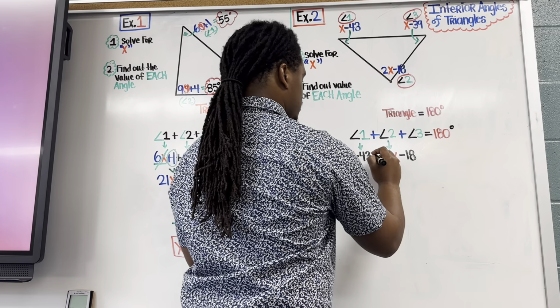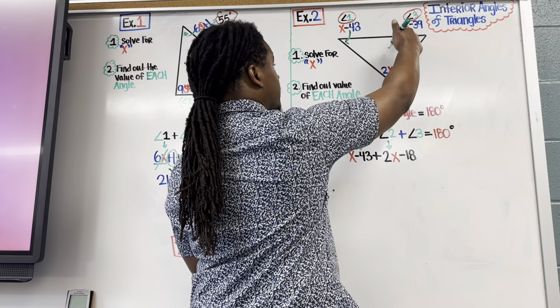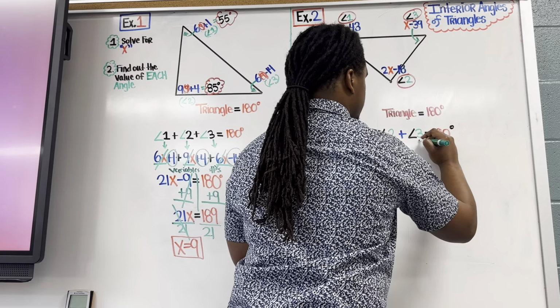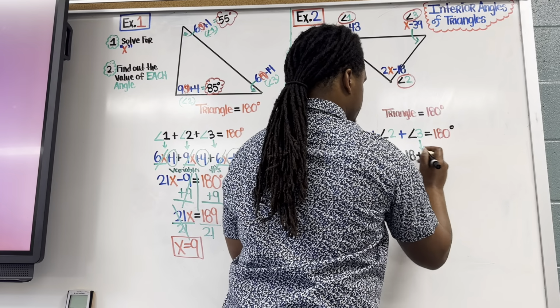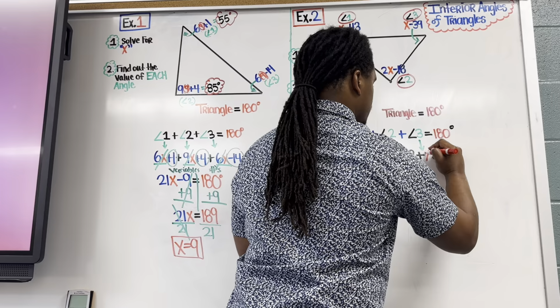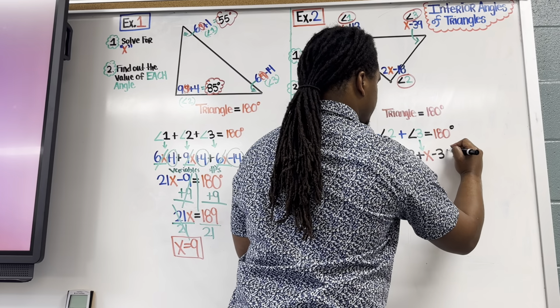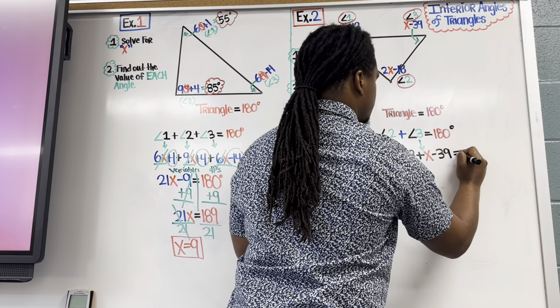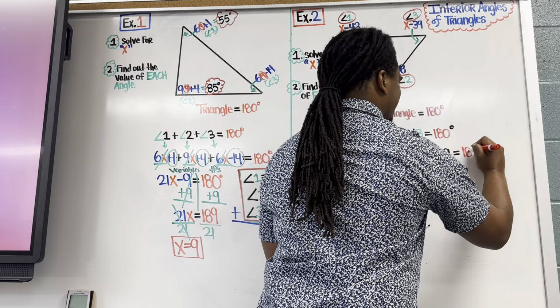And then angle 3, same thing. Angle 3 is x minus 39. So angle 3 is gonna be plus x minus 39 equals, once again, all of that equals 180 degrees.